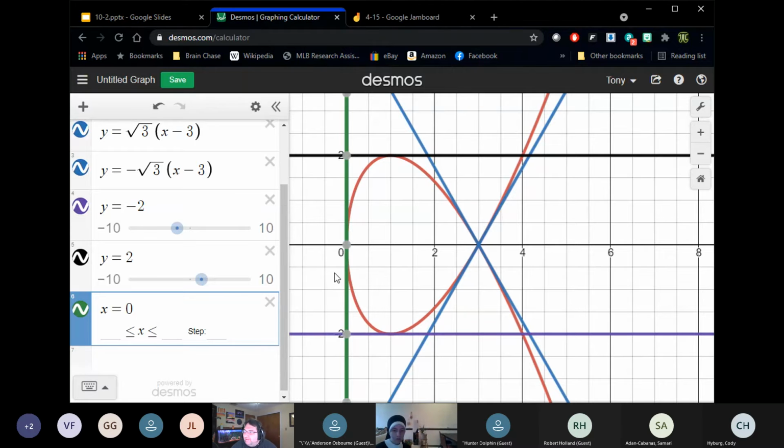So that's how you figure out your concavity up and down. And the last thing I wanted you to do is sketch it, which we did on the graph. Questions on that part? Finding your tangent lines and whatnot.